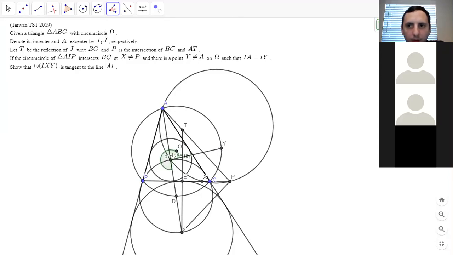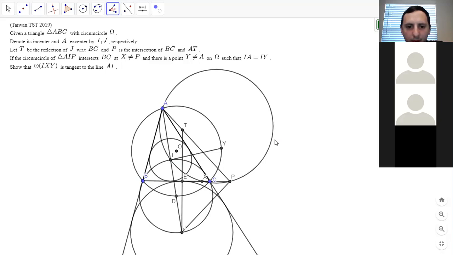They used to always do it as an acute angle, but now I think they changed it, makes it harder. Actually, maybe it is the same. Oh yeah, so these angles are the same. Interesting. So YIJ equals APJ.